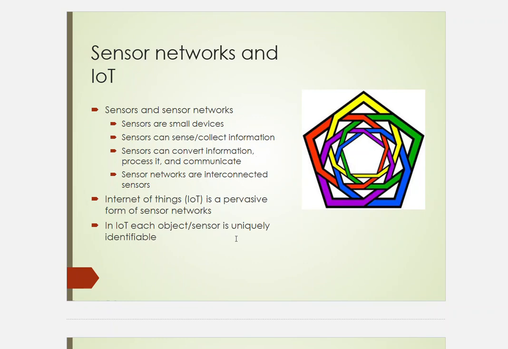Sensor networks are just interconnected sensors, where we've got a lot of sensors that are all connected, you could say listening, waiting for something to happen. So these Internet of Things that we deal with are pervasive.